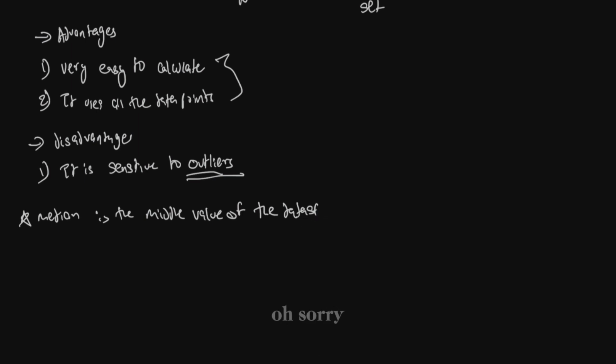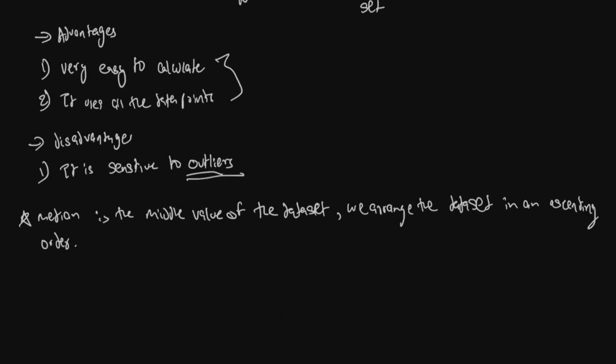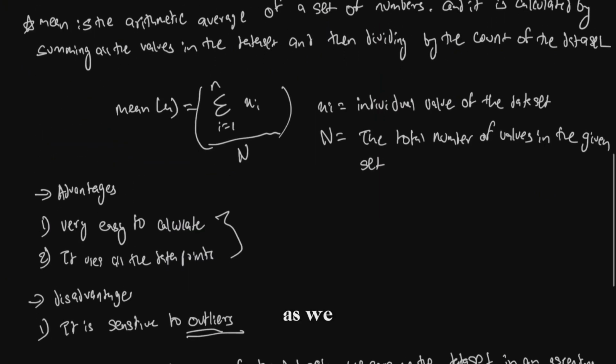So the median is the middlemost value of the dataset, and to get the middlemost value, we arrange the dataset in ascending order. As we saw in mean, we do not need to arrange the data in ascending or descending order, because mean just calculates every data point's average.